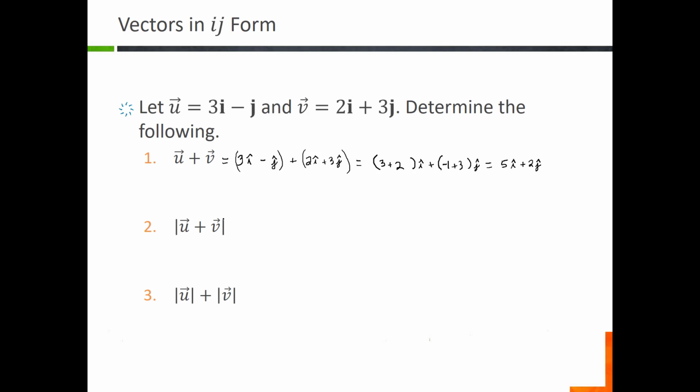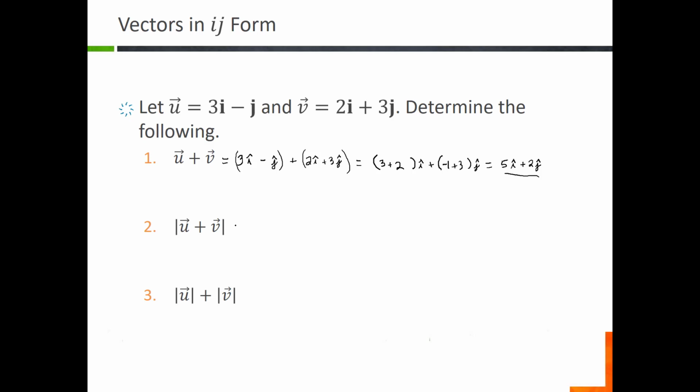Okay. Next one, so we have the magnitude of u plus v. So again, magnitudes sort of look like absolute value, but we need to pay attention again to order of operations. u plus v is inside the magnitude, the absolute value symbols. So it's not the magnitude of u plus the magnitude of v, which is different than number 3. In number 2, we're not taking the magnitude of u and adding it to the magnitude of v. We want to take the magnitude of 5i plus 2j.